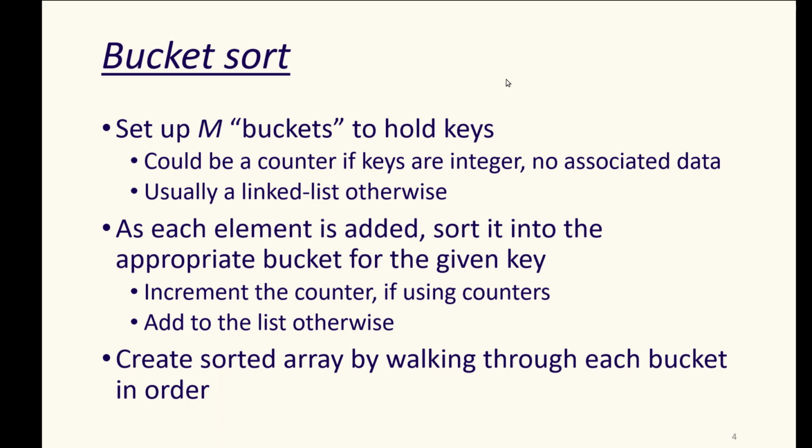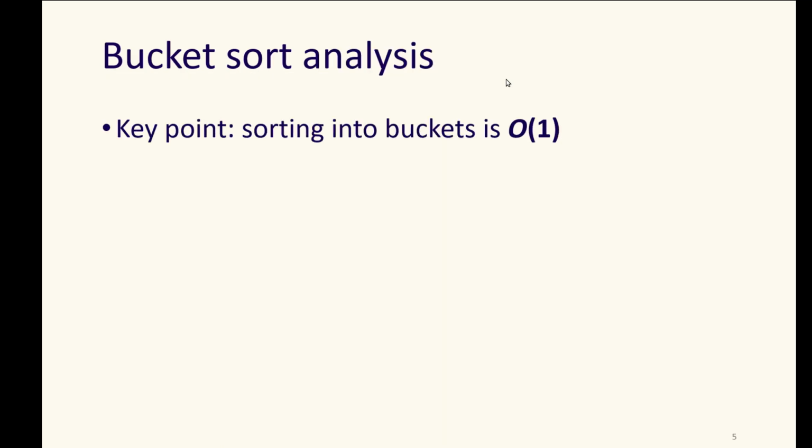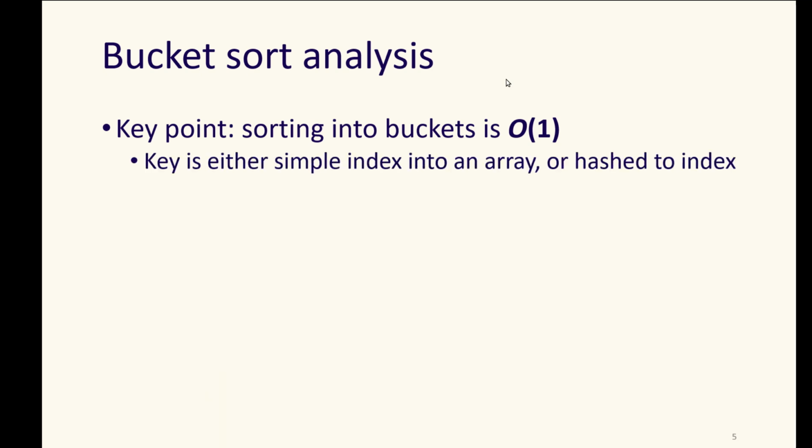If the buckets are in order for the sorting order that you're trying to do, then you can walk through each of those buckets and just grab out the items that fit into that bucket and put those into sorted order.